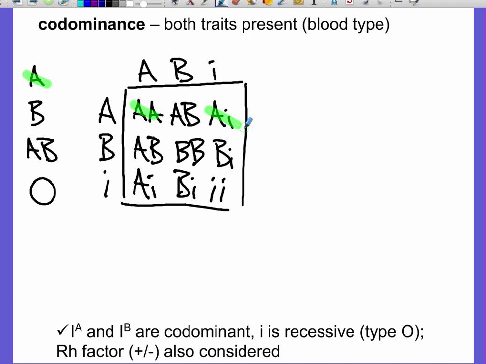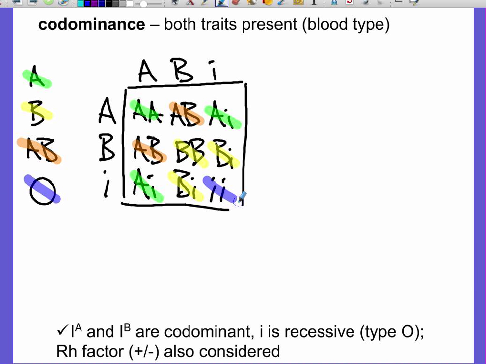AI is also type A. So 3 out of those 9 possibilities are for type A. If I use yellow for B, these 3, BB and BIs, are going to be for that blood type B. AB is when you have A and B together. And then again, type O, the only way that's going to show up is if you have those 2 recessive alleles. So this one's a little bit more complicated to look at.